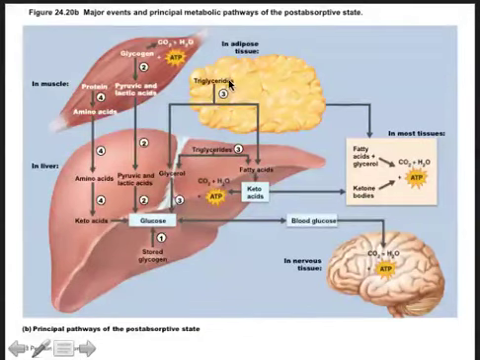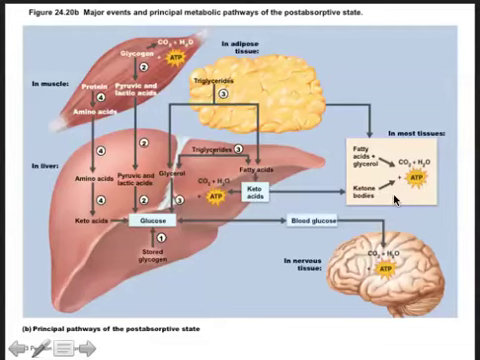Fat, primarily in the form of triglycerides, can be broken into glycerol and fatty acids. The glycerol can be used to synthesize glucose, and the fatty acids can be used to generate keto bodies, which can be used to generate fuel, and also can be used by metabolically active tissue to generate fuel, not only in the liver, but elsewhere in the body.